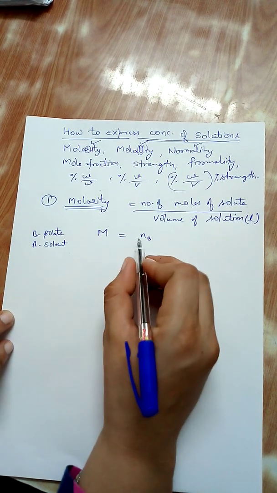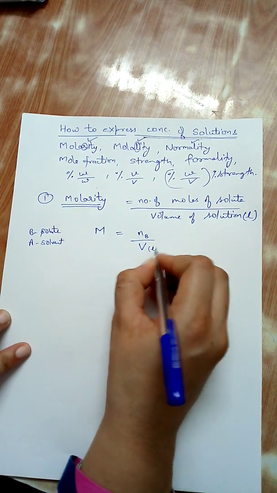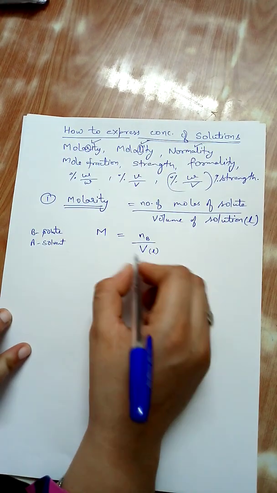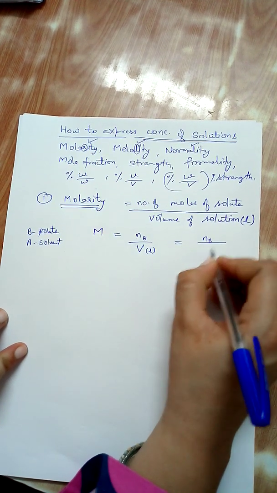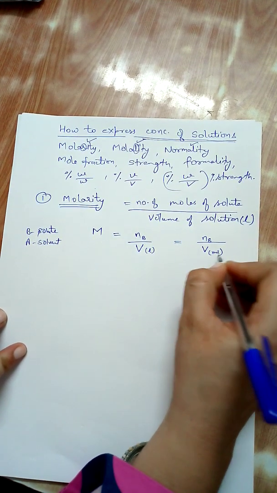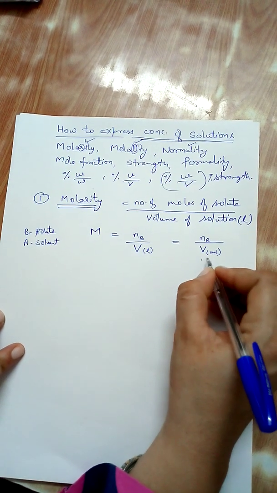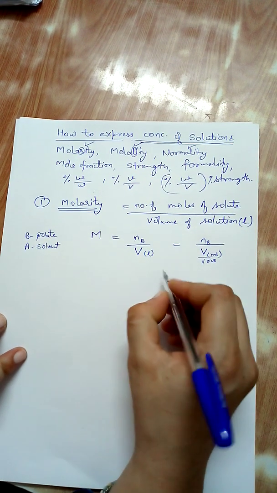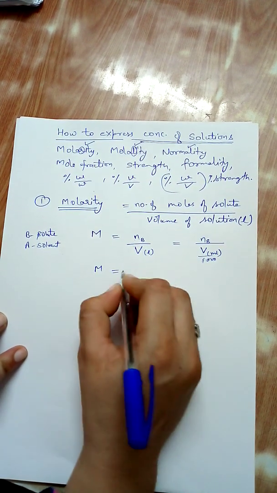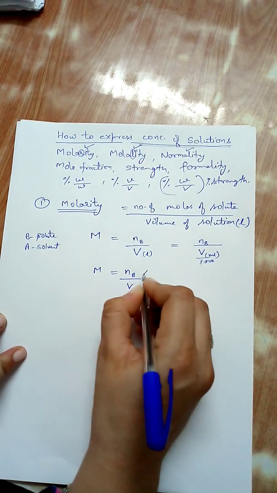So NB means moles of solute, and volume of solution in liters. Usually we are provided with the volume in milliliters. So in that case we will write volume in ml and convert this into liters by dividing it by 1000, and this 1000 will go in the numerator.